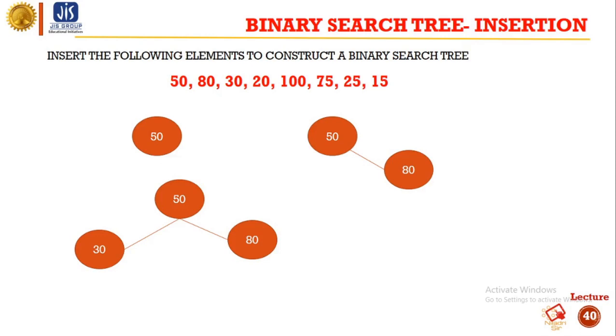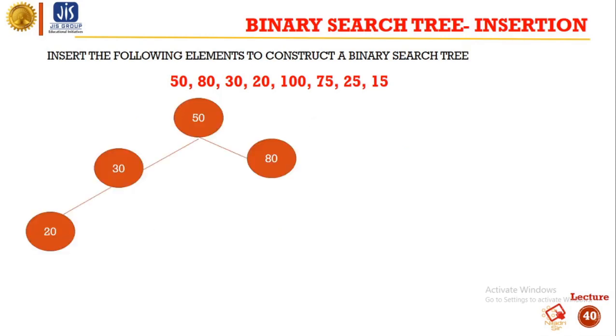So 20 goes to the left-hand side, where there is another node, 30. Next we check whether 20 is less than or greater than 30. The answer is that 20 is less than 30, so 20 is placed on the left-hand side of 30.